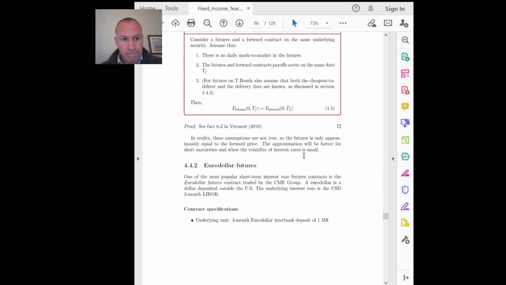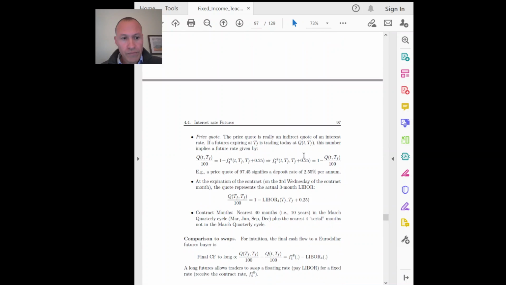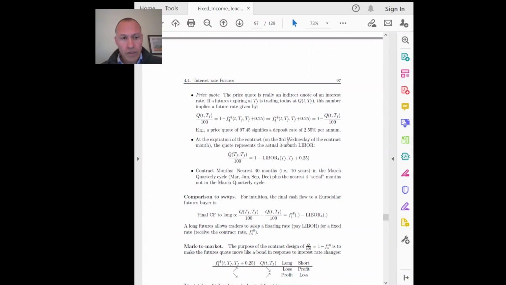Here, the idea is the following. What you see there on the CME website is what we are denoting here by this Q. This is the price of the futures, or the quote, at the current date today, small t, for a maturity capital TF, which in the CME page that we just saw would be, for example, the March futures.